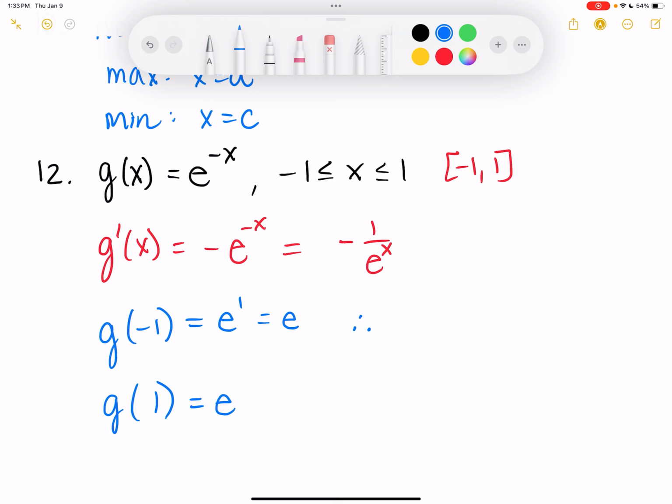This is going to give me e to the -1, which is 1 over e. So we're determining min and max. How do I want to do this?